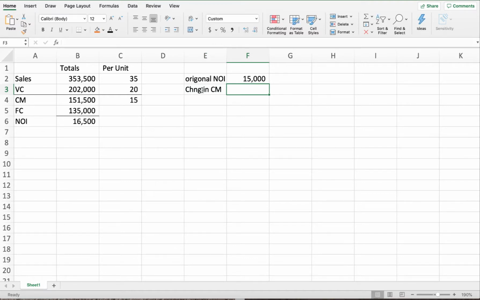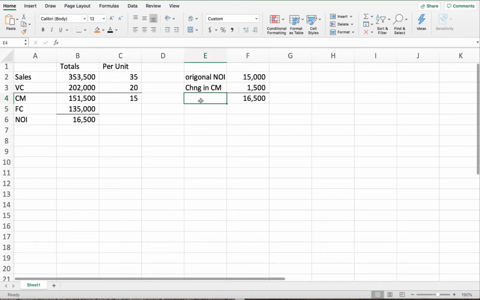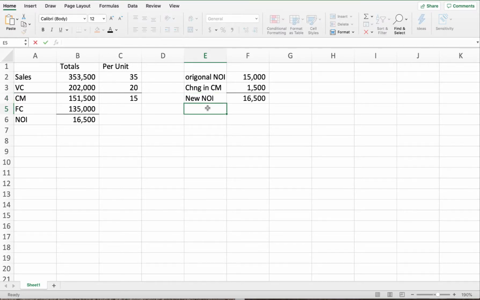I'm selling 100 more units. My contribution margin is $15 per unit. I get a $1,500 increase in contribution margin. I can then add these, and I get $16,500. That's the same number, and this is the new NOI. Okay? So again, we can do it either way.